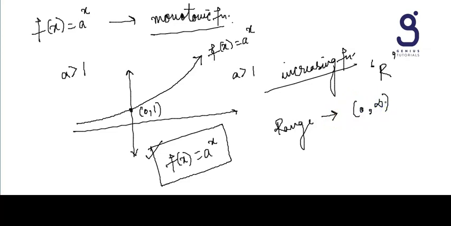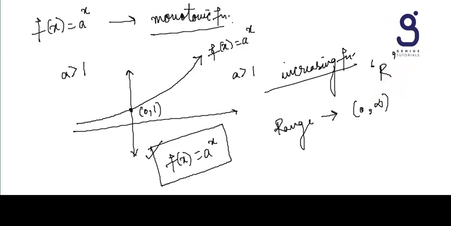The value will always be positive. It cannot even be equal to 0. So it must be greater than 0, and it can go up to infinity. So if you draw a graph of any exponential function where base a is greater than 1, this represents an increasing function, the domain is R, and the range will be 0 to infinity. I hope this is clear to all of you.